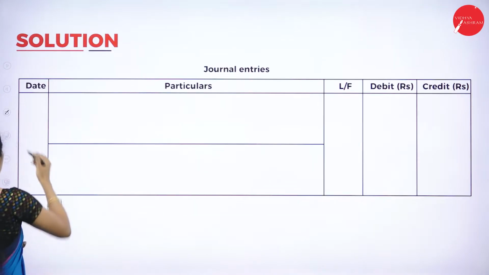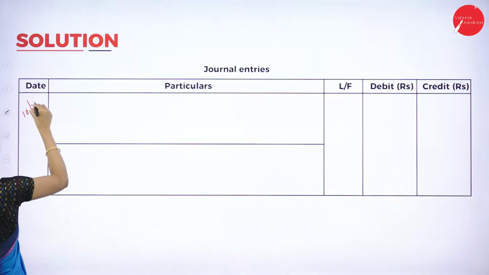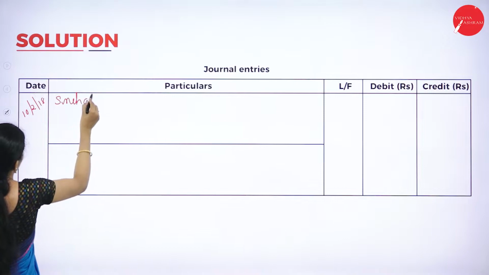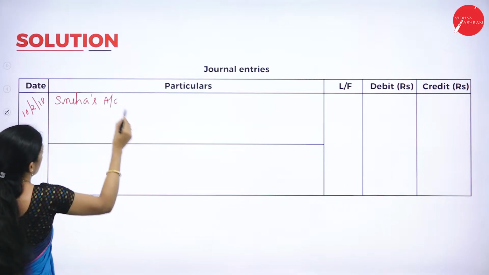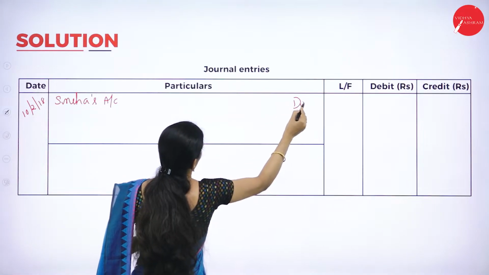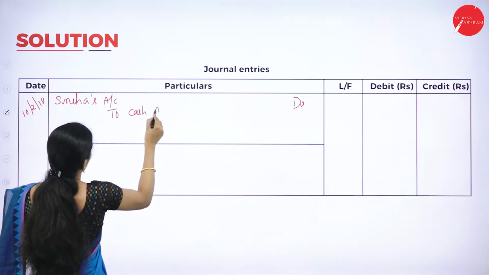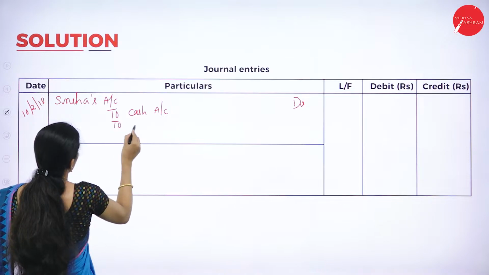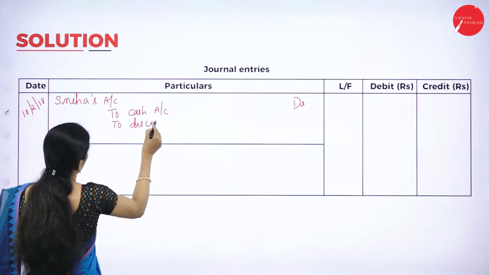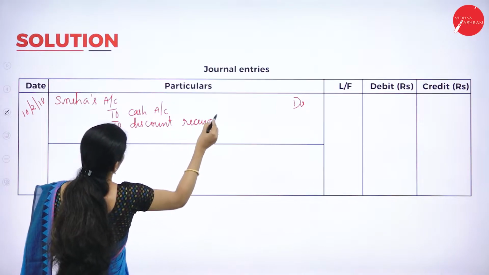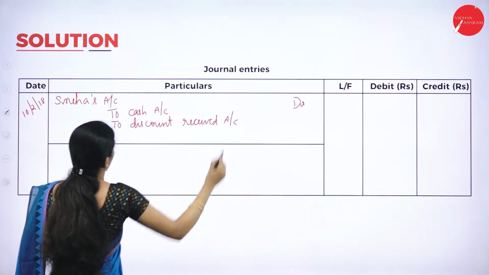So Feb 10th, 10/2/2018. So we are making payment to Sneha. So Sneha's account debtor to cash account, to discount received account.